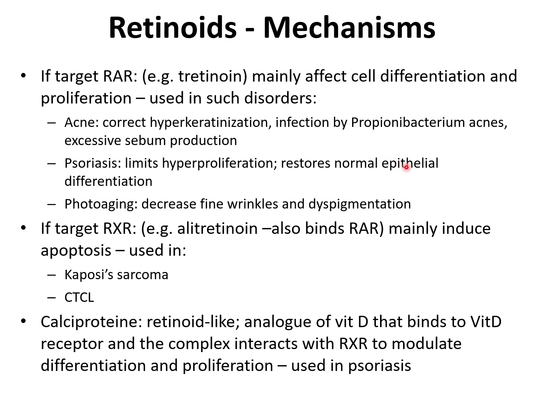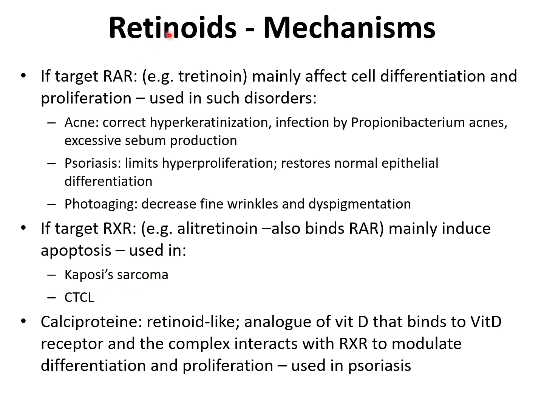And they restore normal epithelial differentiation in psoriasis. They also can help in photoaging by decreasing wrinkles and dyspigmentation. If the target is RXR, as for example in alitretinoin, it seems that these drugs tend to induce apoptosis, and therefore they are used in certain conditions such as cancers of the skin, Kaposi's sarcoma, and cutaneous T-cell lymphomas.